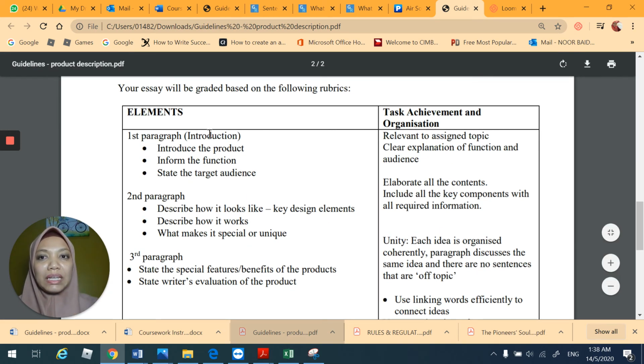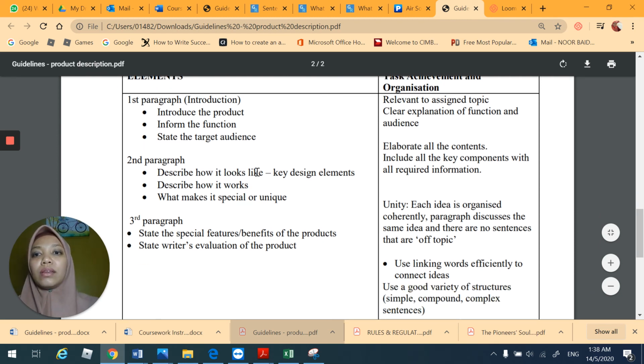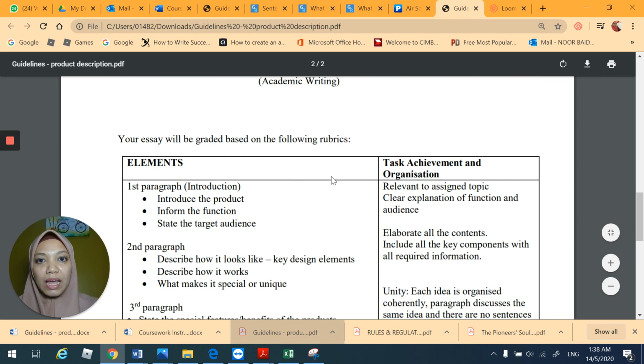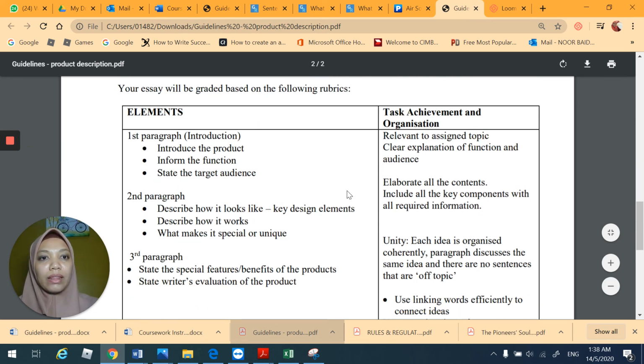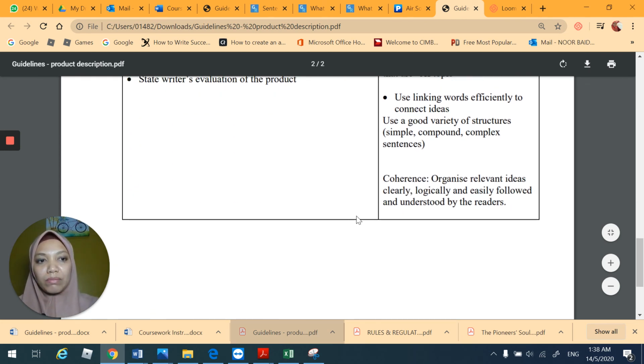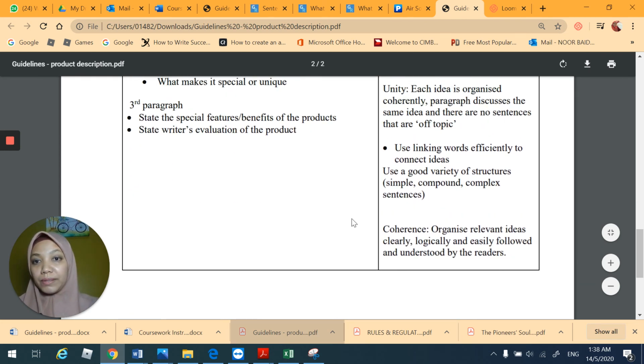These are the things that will be evaluated, whether you have all this in each paragraph. If you follow all these key elements, and you have clear explanation, that means you have come up with a good product description.